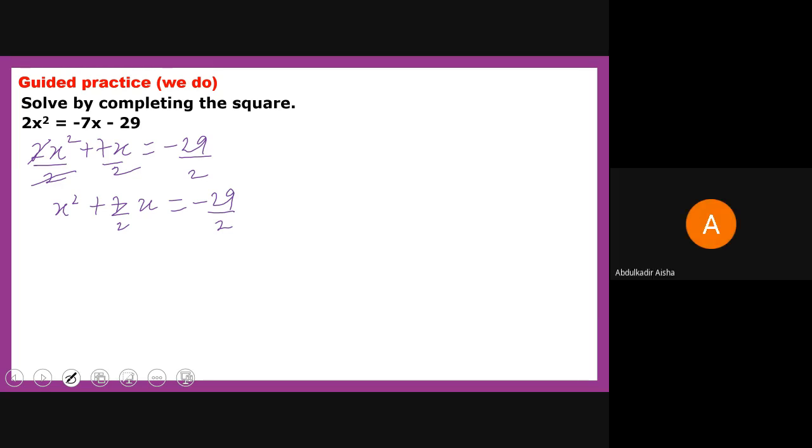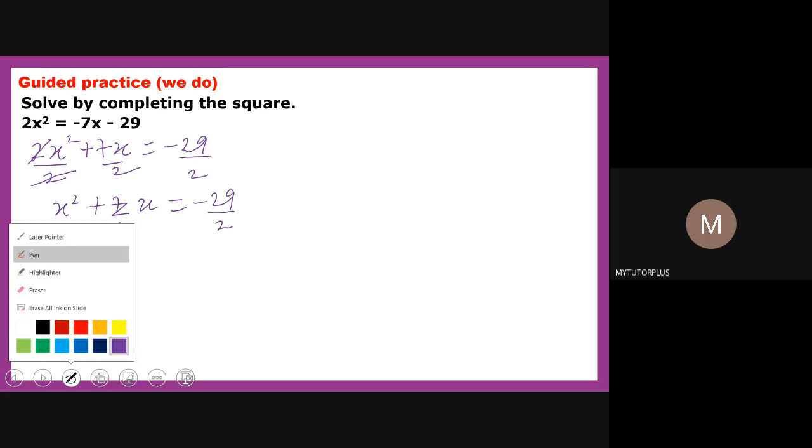Yes. Then from this, we follow our normal rule. Multiply the coefficient of x by half. The coefficient of x now is what? From what you are seeing there? Minus 7. Plus 7 now. Plus 7 over 2. There's no minus there. This is the coefficient of x now.